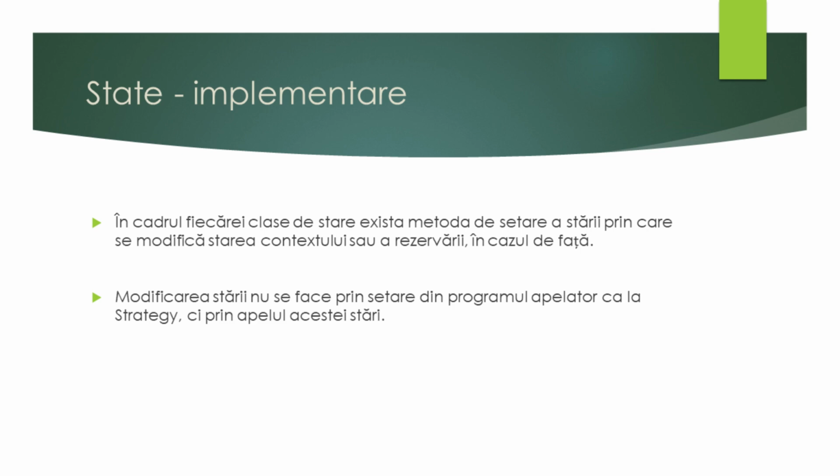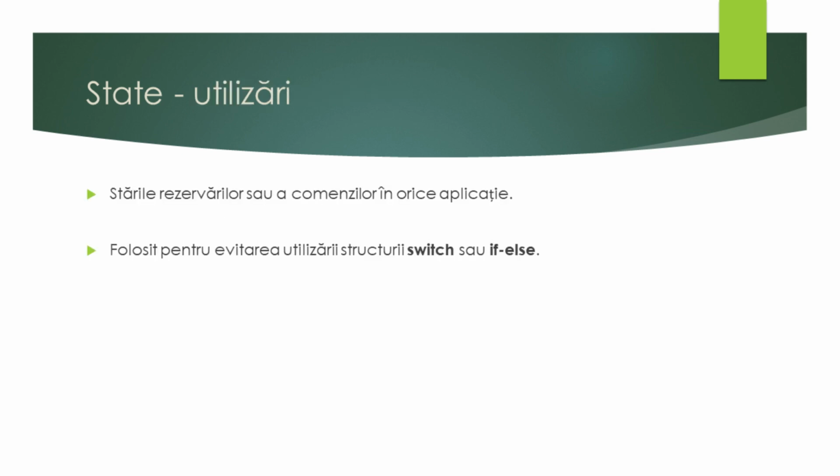So inside the unpaid state, when the pay method successfully processes the payment, that method itself might tell the main reservation, the context, to change its current state to the paid state. So the transition logic is encapsulated within the state. Exactly. It keeps that logic neatly packaged with the state it belongs to. You don't have this big, complex decision block sitting in the main reservation object trying to figure out transitions. It's much cleaner. That does sound way more organized than a massive if-else block checking the state constantly.